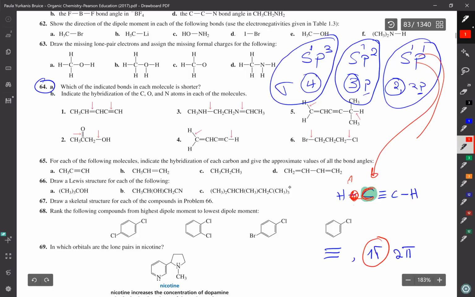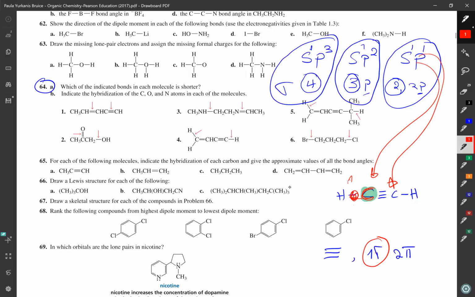Two sigma bonds is equivalent to an sp hybridization, and the same is true with this other carbon. As a rule of thumb, every carbon connected by a triple bond is usually sp hybridized.